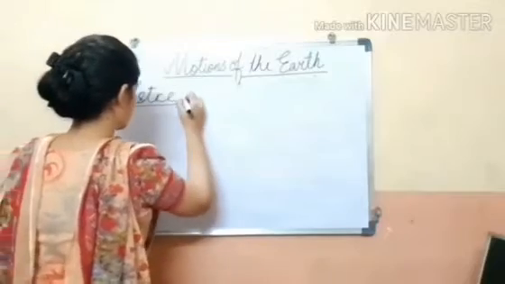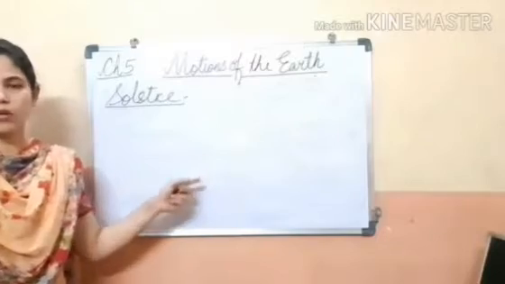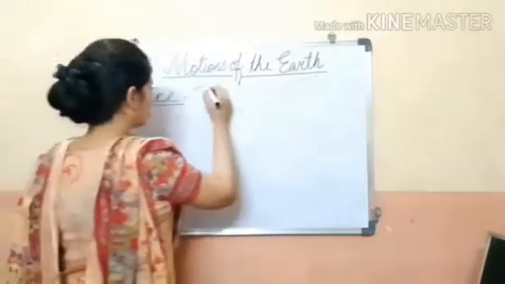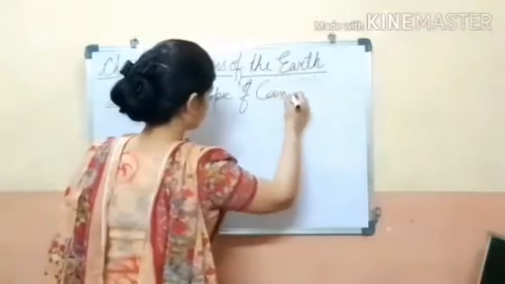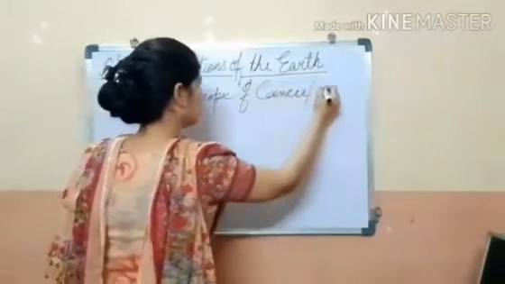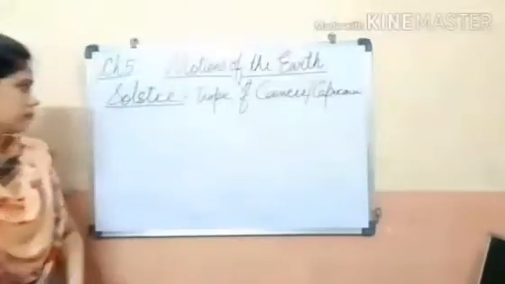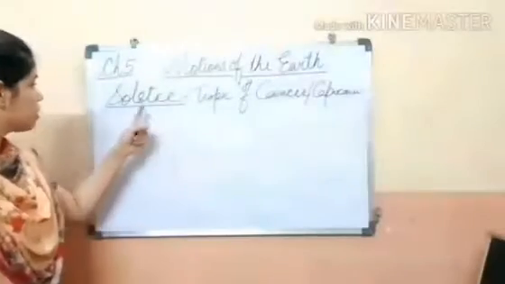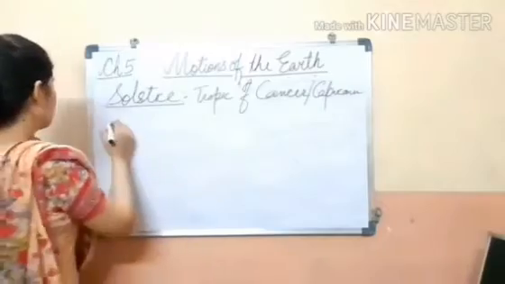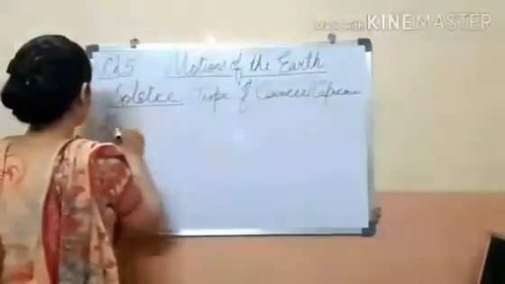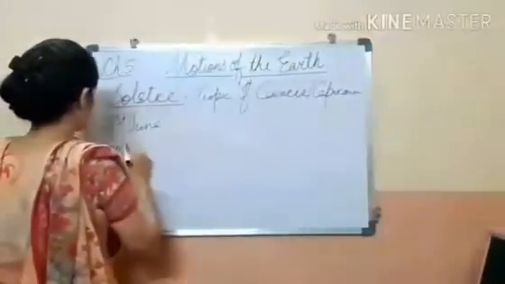Now what is a solstice? It is when the sun's rays fall on either of the tropics, either the Tropic of Cancer or the Tropic of Capricorn. This occurs twice a year, on 21st June and 22nd December.